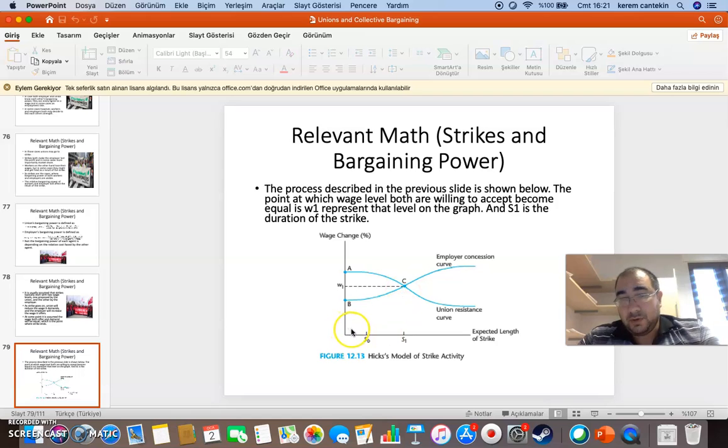If both have a high bargaining power, in that case, the agreement might take a very long time. If both have low bargaining power, in that case, agreement can happen at a very near time, actually.